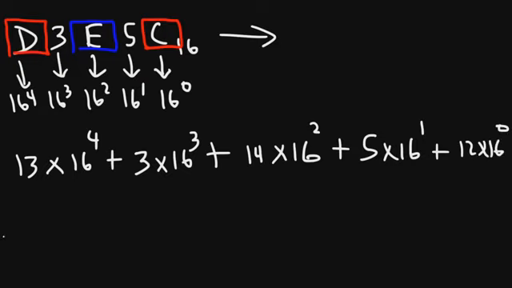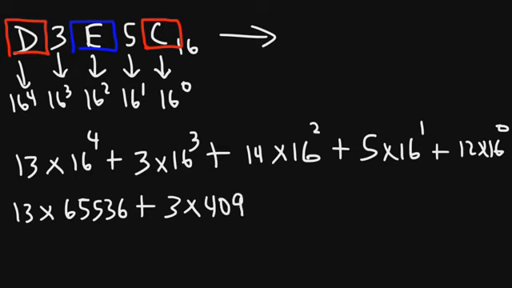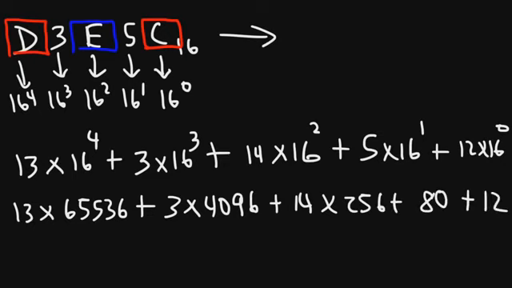16 to the 4th power. If you multiply 16 4 times, it's going to be 65,536. And then 16 to the 3rd power, in the last example, we saw that it was 4,096. 16 squared is 256. 5 times 16 is 80. 12 times 1 is 12.